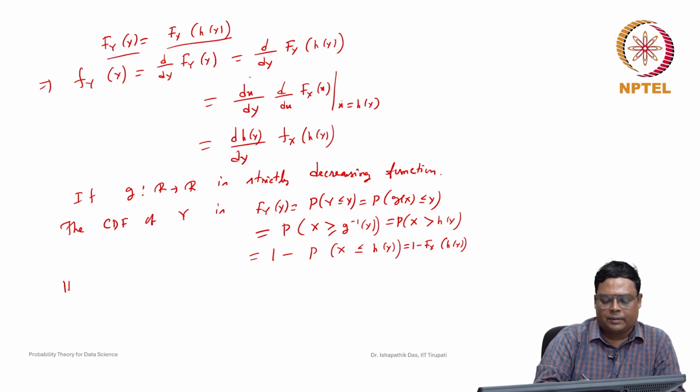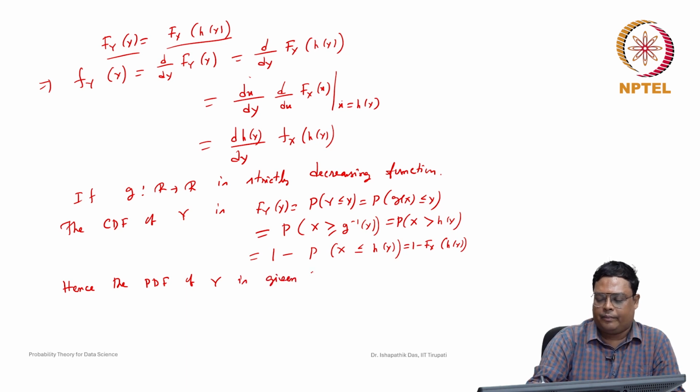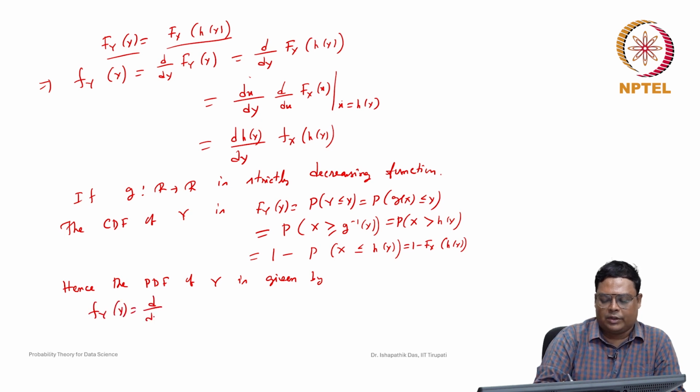So hence the probability density function of Y is given by small f_Y(y). So this is the derivative with respect to y of F_Y(y).